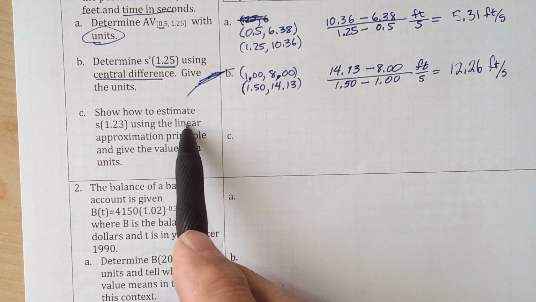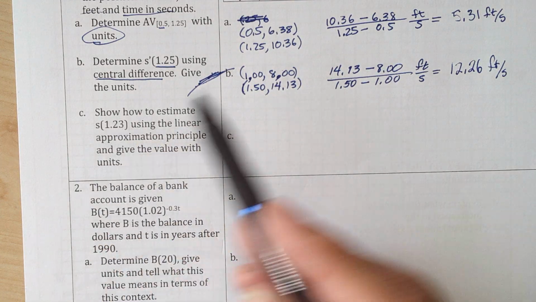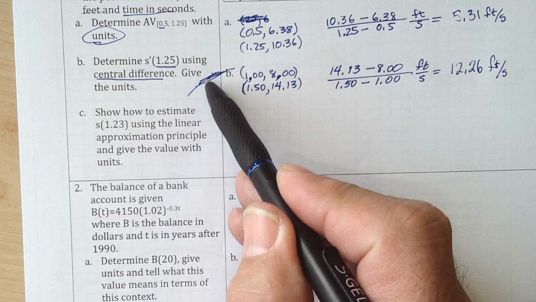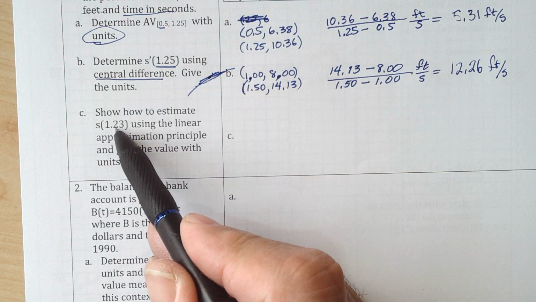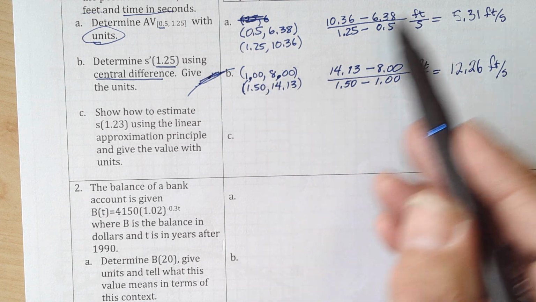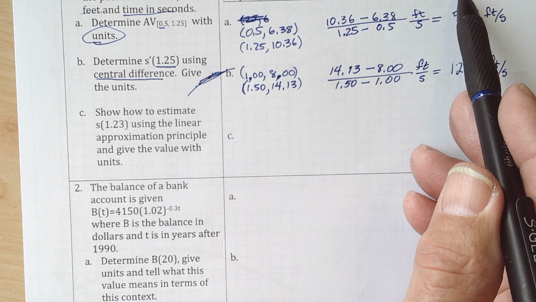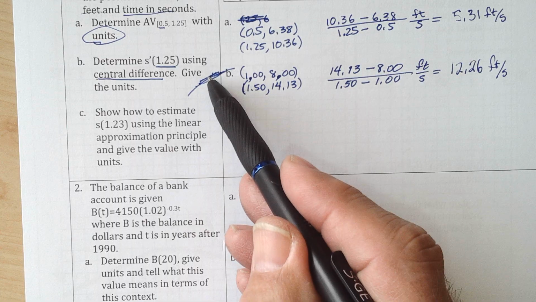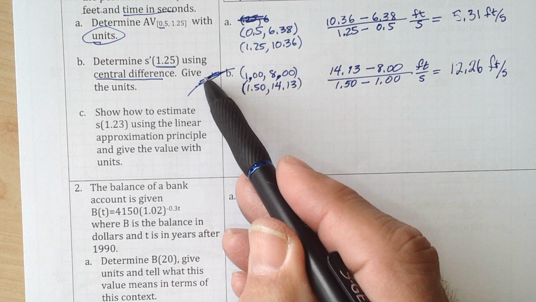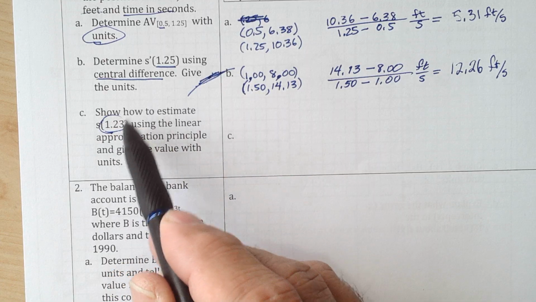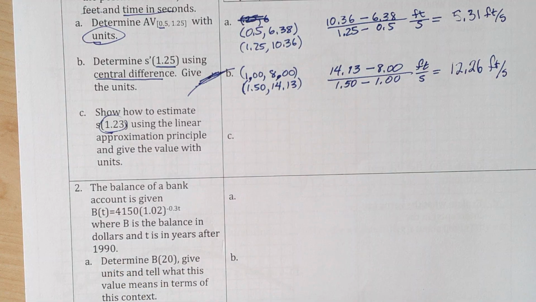Now we want to do a linear approximation. So we're on the curve someplace, and if we go a little bit before 1.25, 1.23, we just use the line that we just got and put this into the equation of that line.